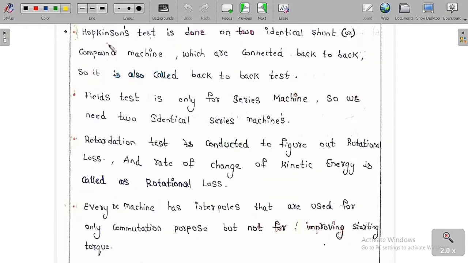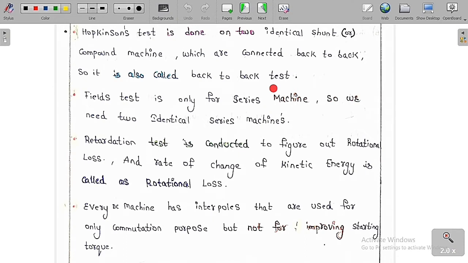Now we will discuss Hopkinson's test. Hopkinson's test is done on two identical shunt or compound machines which are connected back to back, so it is also called the back-to-back test. I have already discussed the Hopkinson's test in DC machines. One machine acts like a generator and the other acts like a motor.